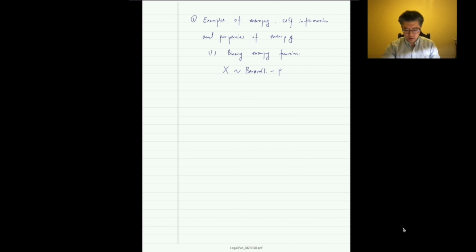It's called Bernoulli(p), and this basically means that the random variable X will equal 1 with probability p. WP means with probability, which is easier to write. And it's 0 with probability 1 minus p. It can be vice versa, it doesn't matter.